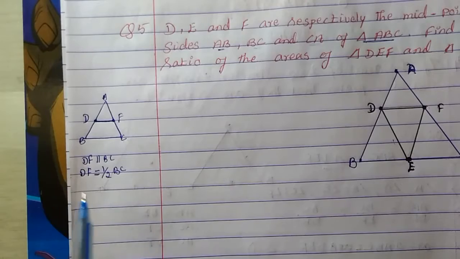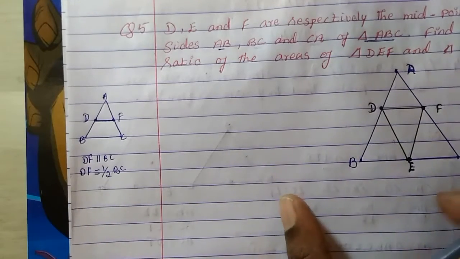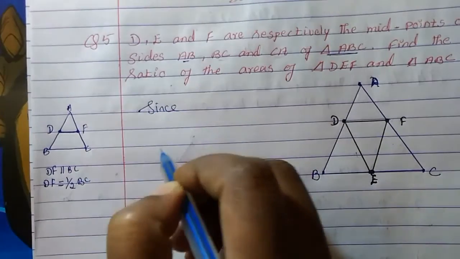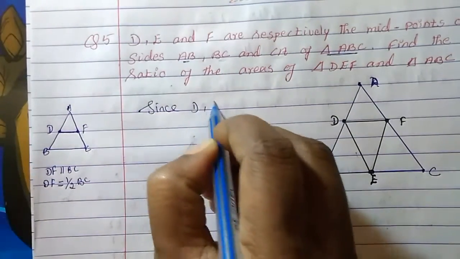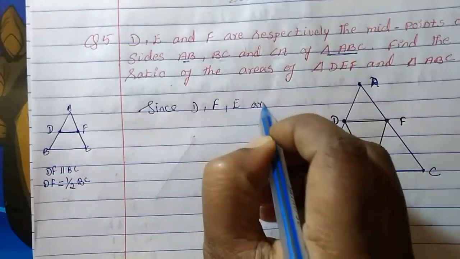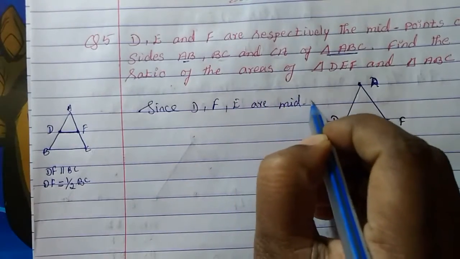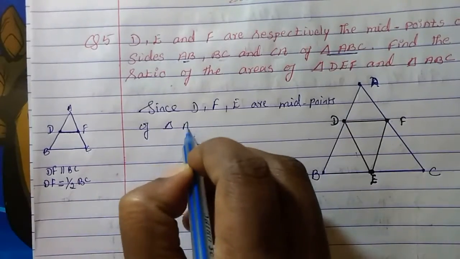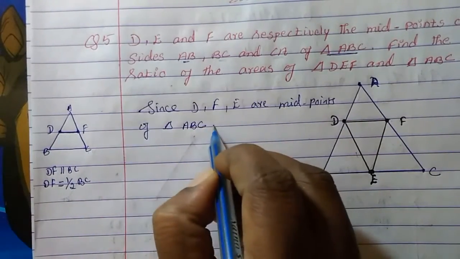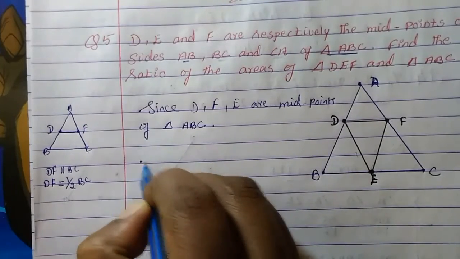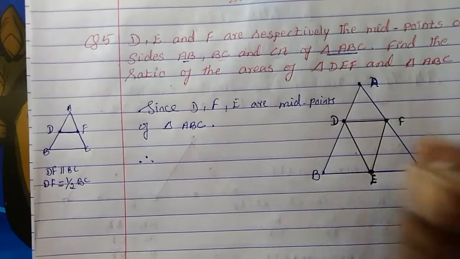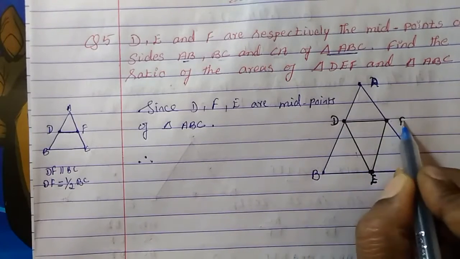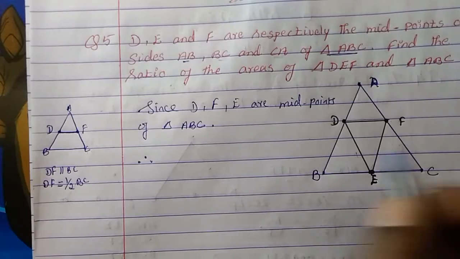So we make use of this here and then we will write down here. Since D, F, E are midpoints of triangle ABC, therefore we can say that DF will be parallel to BC.